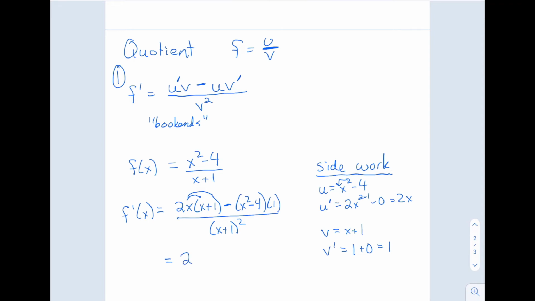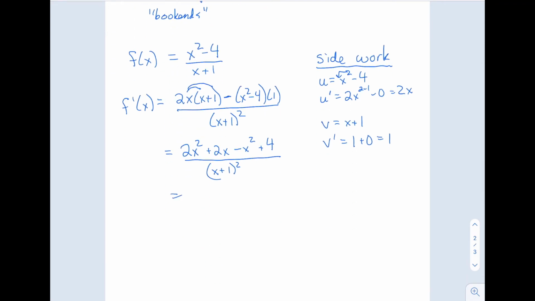So distributing the 2x through gives me 2x squared, and then I'll have plus 2x, and then I'll have negative x squared plus 4 all over x plus 1 squared. Combining my like terms, the x squareds, gives me x squared plus 2x plus 4 all over x plus 1 quantity squared.